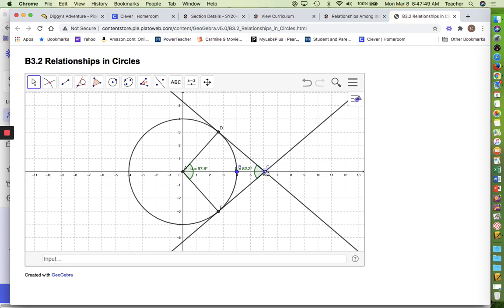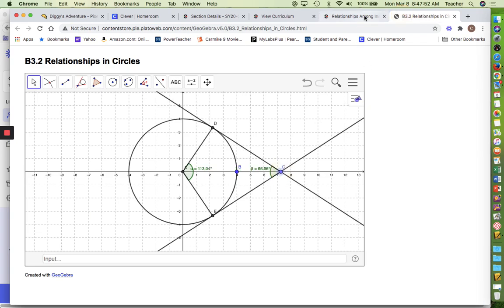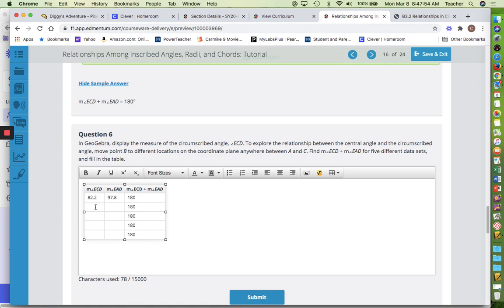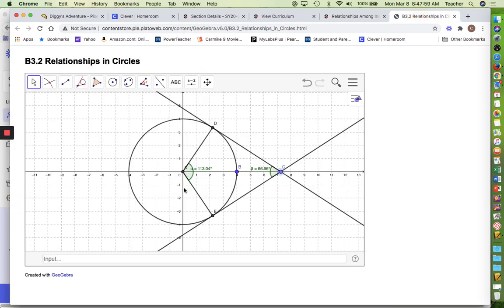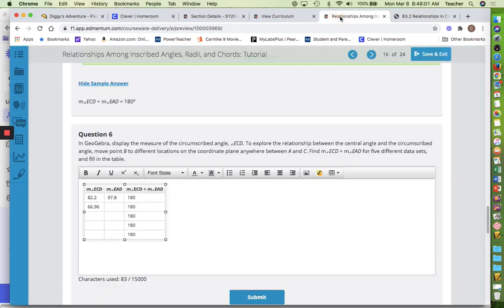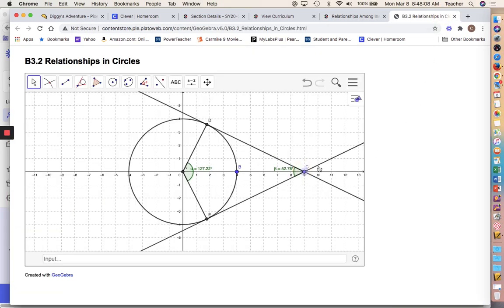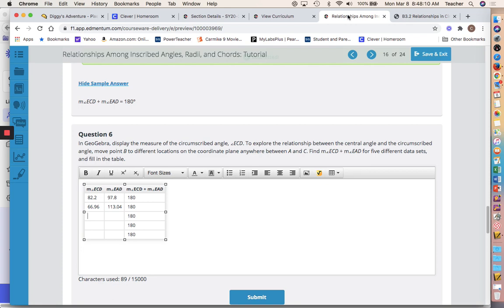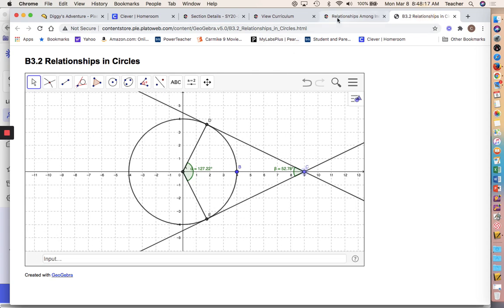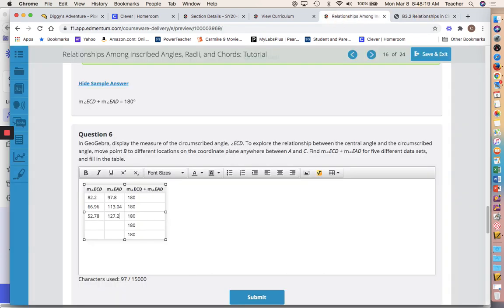All right, so let me move it. Whoop! So 66.96, and angle A, 113.04. All right, boom. How about 52.78, and 127.22. Add those together, you get 180.